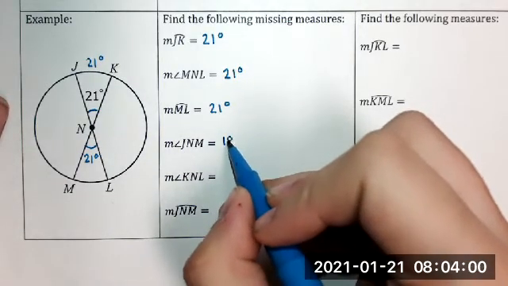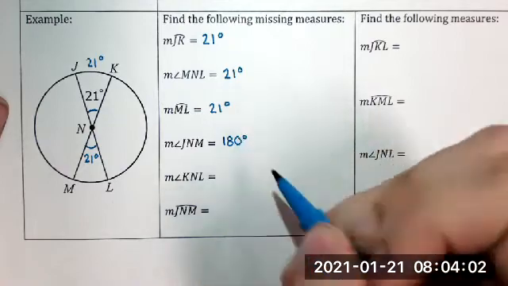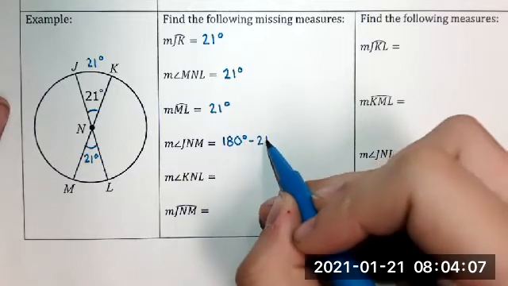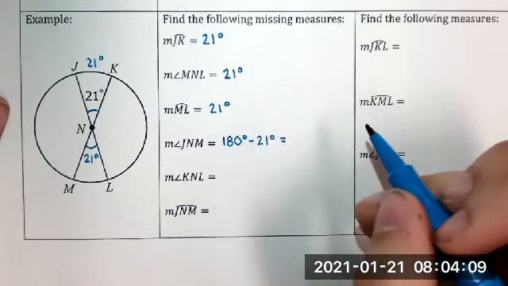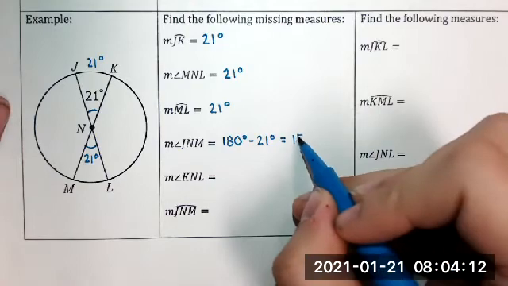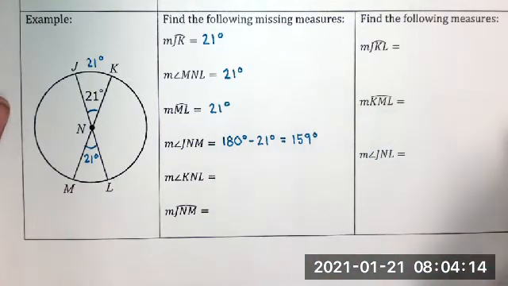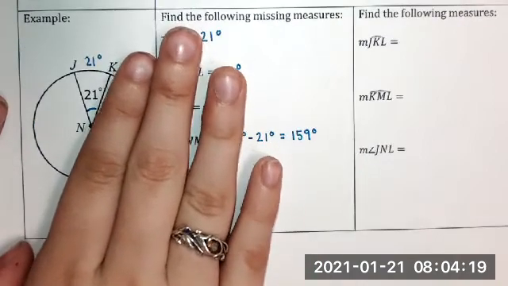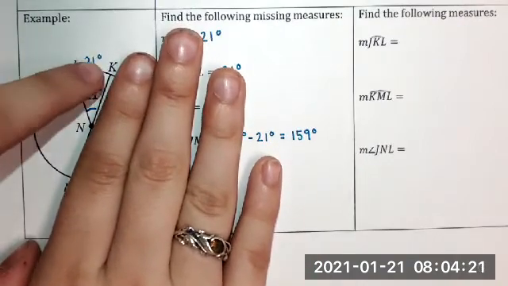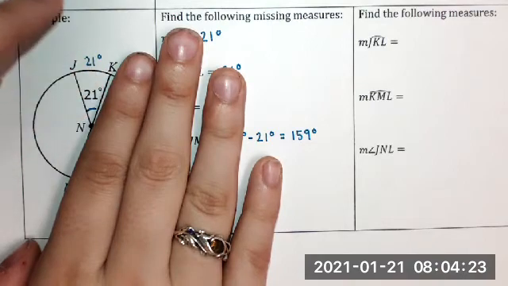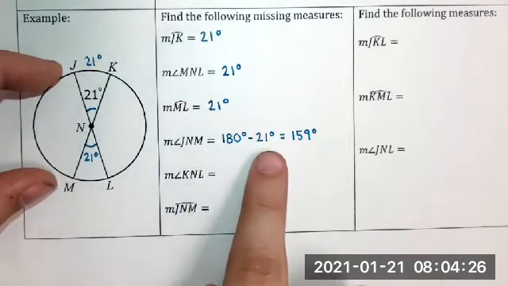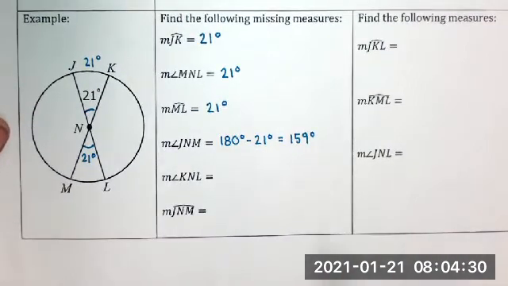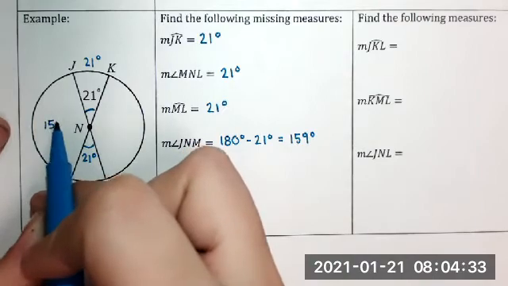And just like I was talking about earlier, when you take away from the whole 360, you can take away from 180. And that would give us 159 degrees. So if I know that this half a circle comes out to 180 degrees altogether, and I take away this 21 degree piece because I want to know what this is, that's exactly what I did right here, just with math. So now I know this is 159.